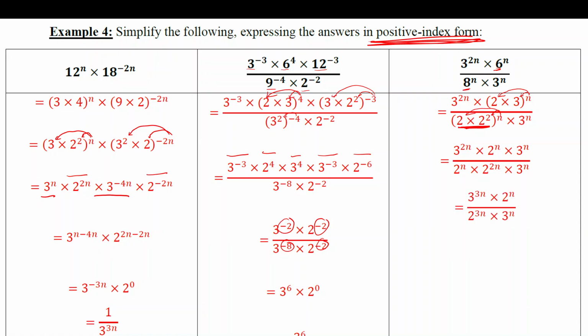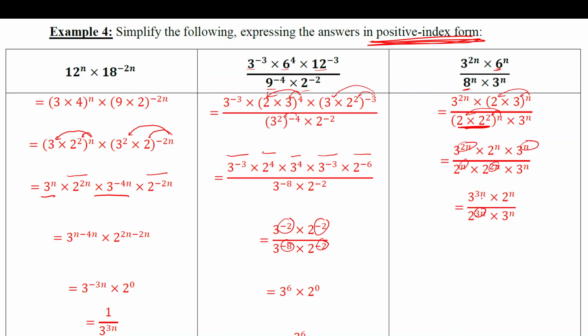So here, 3 to the 2n times 2n, as we've added these here, and all the 2's would become 3n. Alright, now what we're going to do is divide.